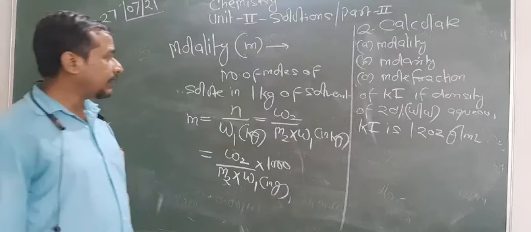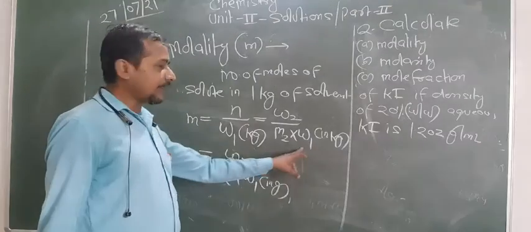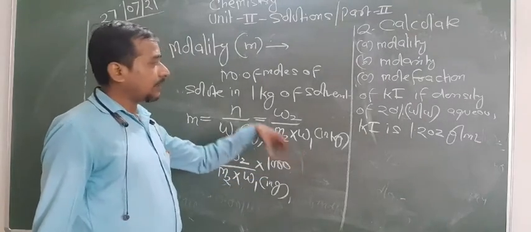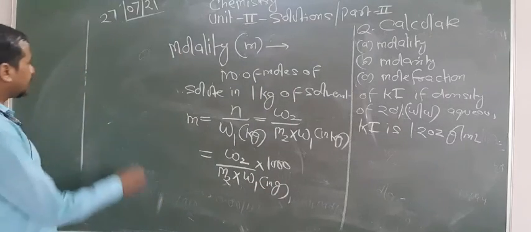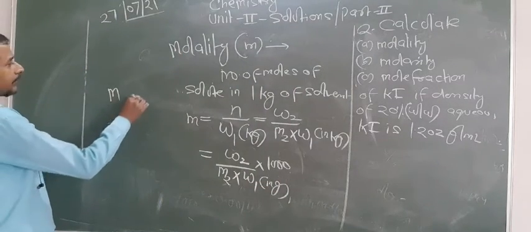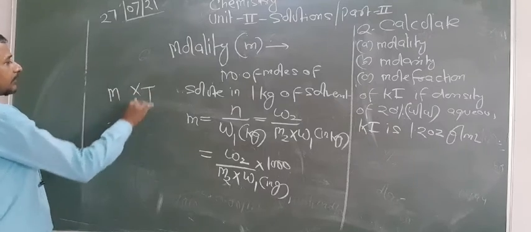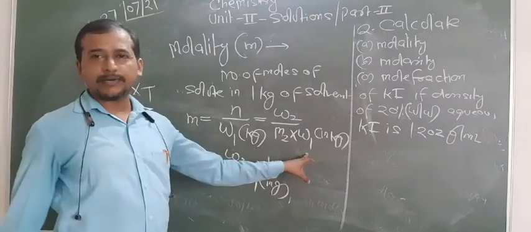So everything is similar, only the change is that here the weight of solvent is taken in kilogram, and in molarity the volume of solution is taken. One more thing, this does not depend upon temperature because this involves mass.